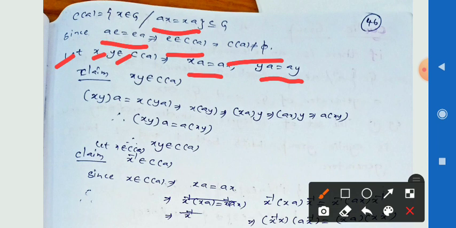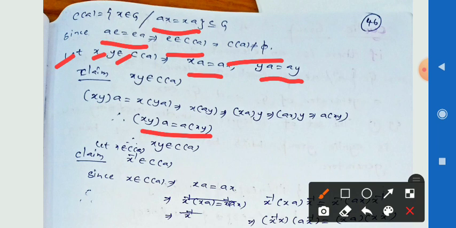Then we have to show that if x, y belong to C of A, then x into y belongs to C of A. For that, I have to show the condition xy into A is equal to A into xy.